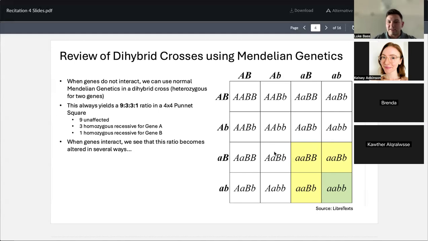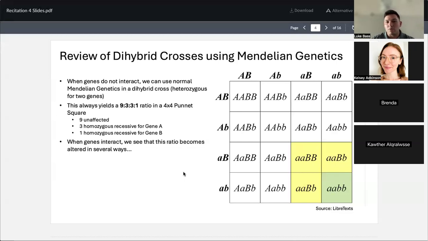As you can see here, there are 9 individuals denoted by these white boxes, and that's because they are either heterozygous for gene A and or gene B, but these three yellow boxes are all homozygous recessive for gene A, while not gene B. And then finally, this final box is homozygous recessive for both genes or alleles A and B.